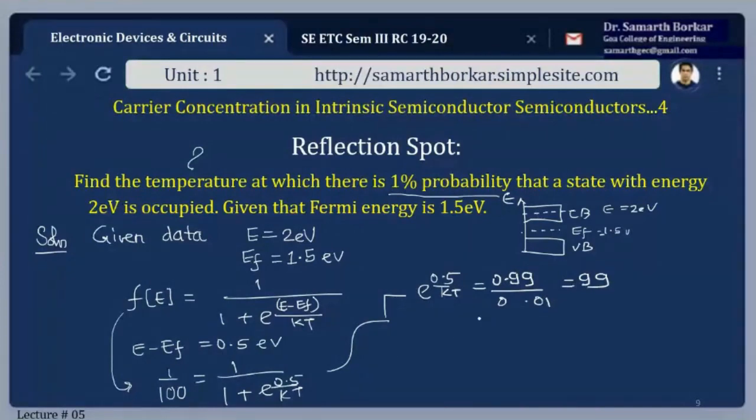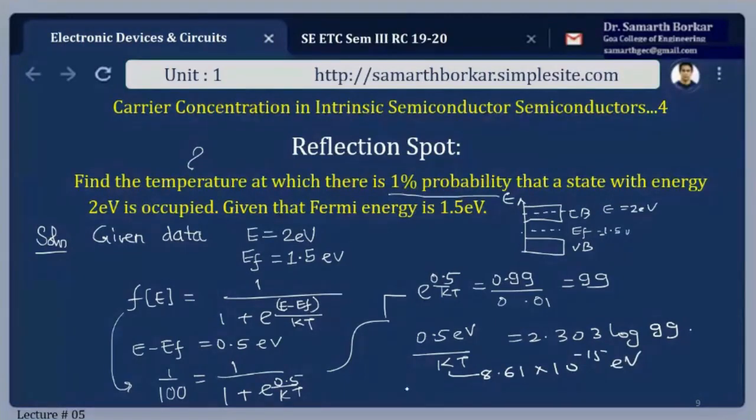I'm just taking this side. So taking log on both the sides, 0.5 electron volt by kT equals 2.303 log of 99. The value of k is 8.61 into 10 to the power minus 5 electron volt. So T is 1262 Kelvin. Answer. The temperature at which the probability of 1% occurrence of electron is 1262.